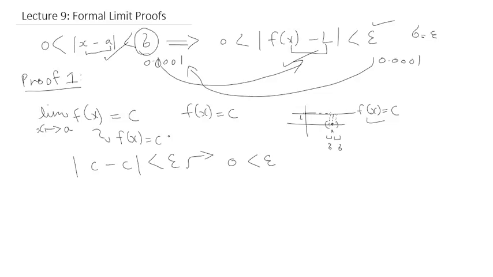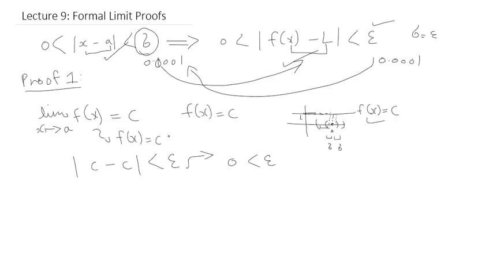So no matter what you do, you're going to end up at the same place. No matter what interval you take, the corresponding value of delta for that particular value would give me exactly L, which is exactly why epsilon has to be greater than 0. So regardless of the value of delta in this particular case, epsilon has to be greater than 0 because it ends up at the exact same point.